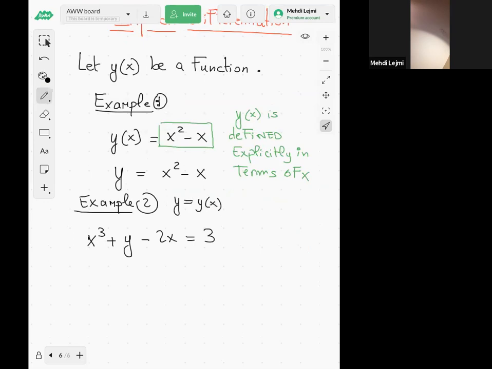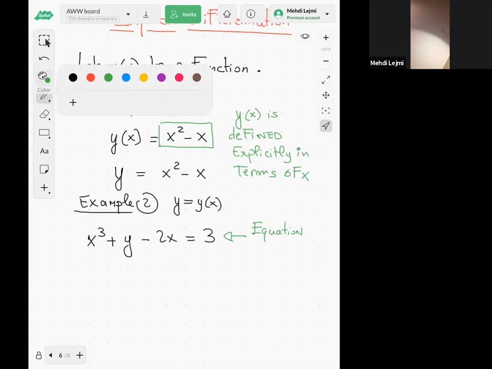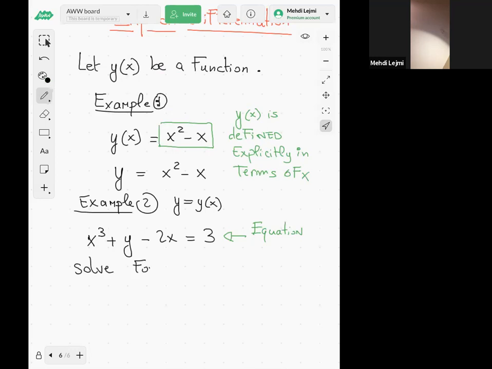Well, this is just an equation, so we have some relation between y and x. This equation defines some relation between y and x. But then we can solve for y.